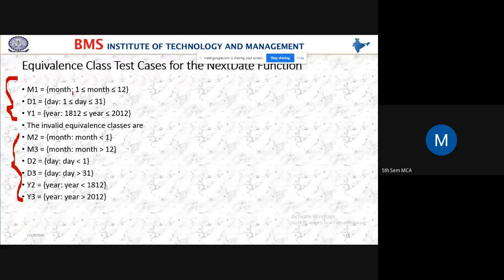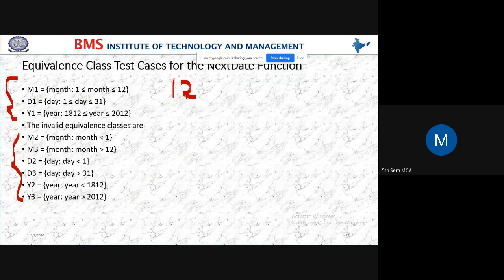The subset of month is from 1 to 12, that is, greater than or equal to 1 and less than or equal to 12. What does greater than or equal to mean? The month value might be 1 or greater than 1, and might be 12 or less than 12.